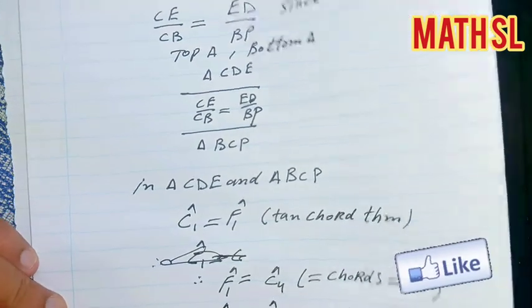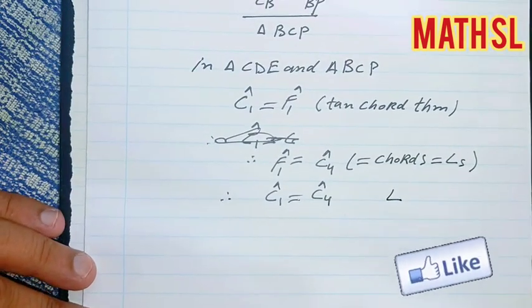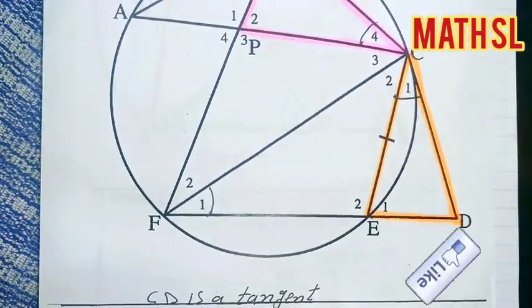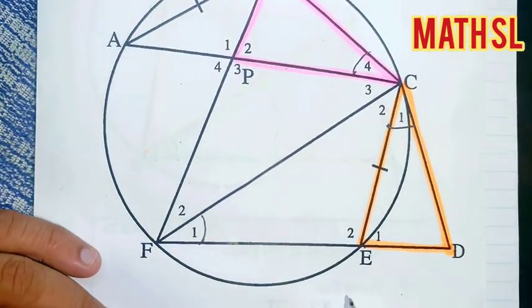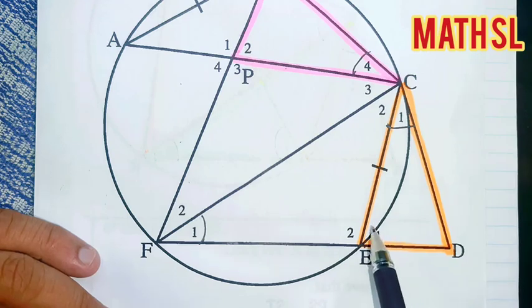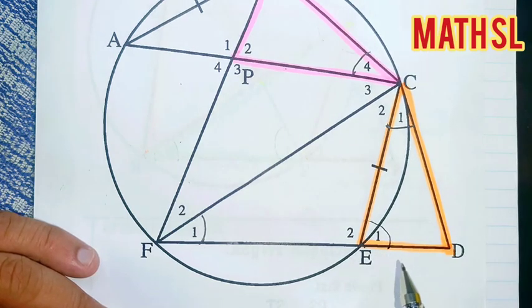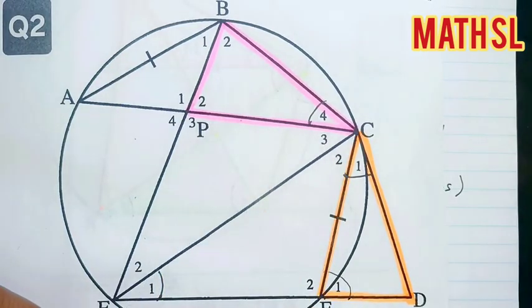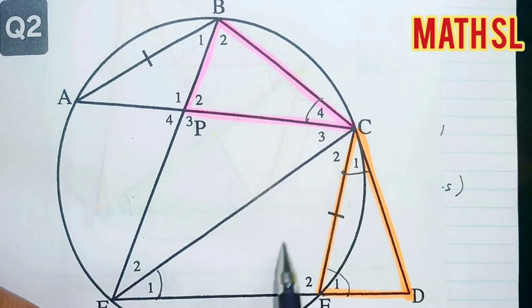Now I need to see the second angle, which is E. Angle E is here, E1. If you look nicely, it's going to be the exterior angle of a cyclic quadrilateral. Look here, B, C, E, F is a cyclic quadrilateral, and E1 is the exterior angle.